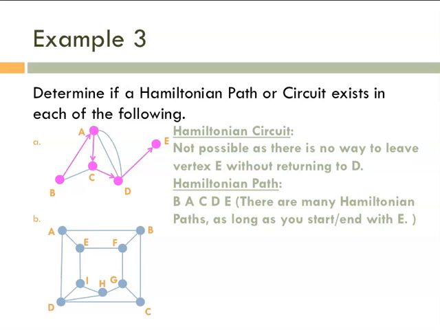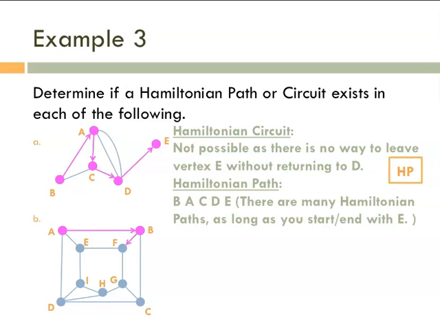Okay, for the second one, let's go ahead and see if we can find a Hamiltonian circuit. So let's say we start at A, then we can go over to B. Let's see. Now from here, this might just take a little bit of guesswork and trial and error.